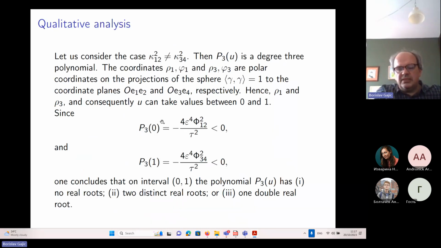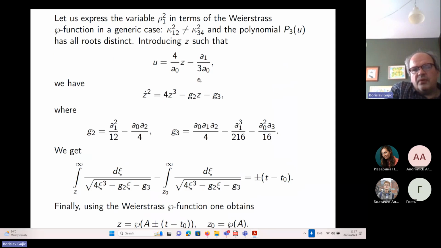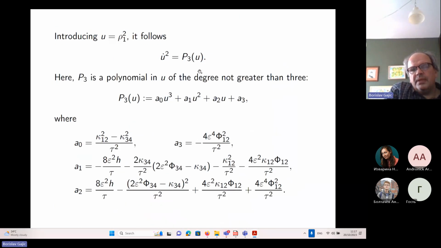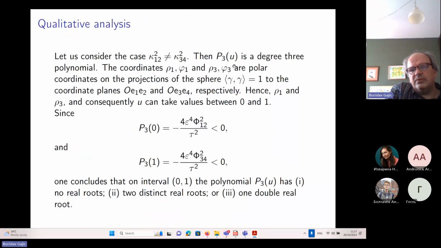And we have some qualitative analysis. Since u is rho 1 squared, it follows that we have motion when u changes on the interval 0, 1. This is real motion.